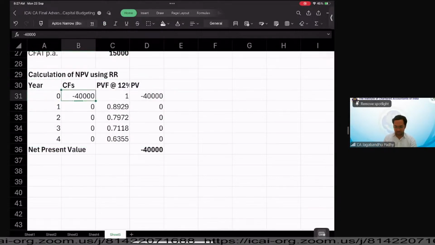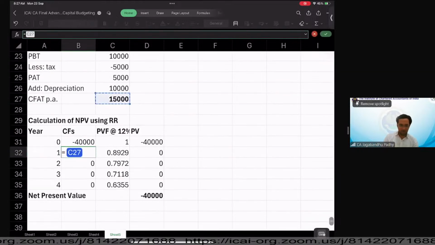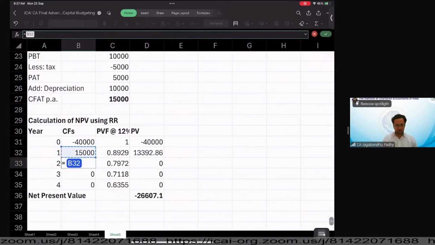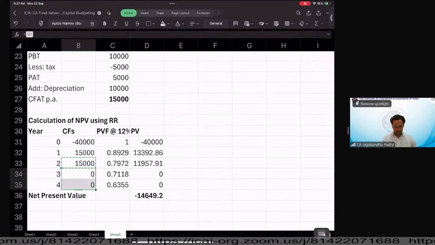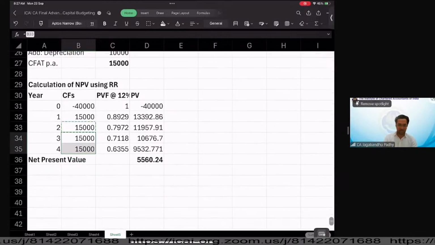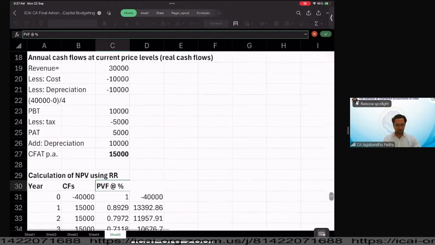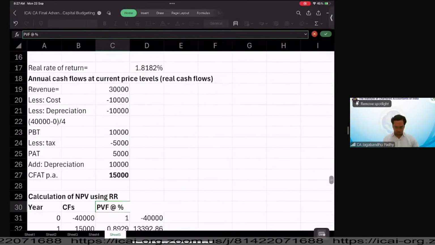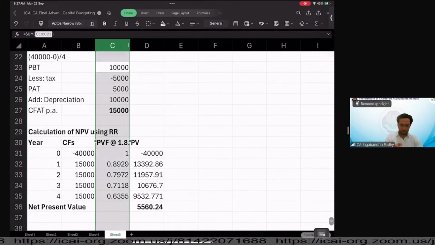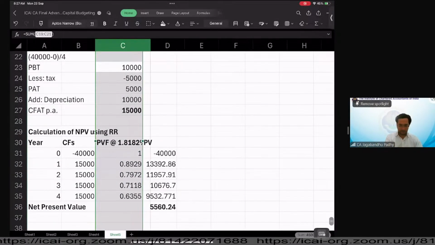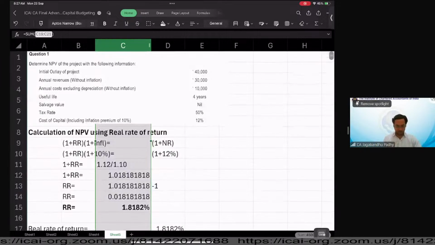Cash flow first it is minus 40,000, but now every year this cash flow is going to be 15,000 because these are the cash flows at the current price levels. But now we are not going to take the present value factor at 12%, but we are going to take present value factor at 1.8182%.